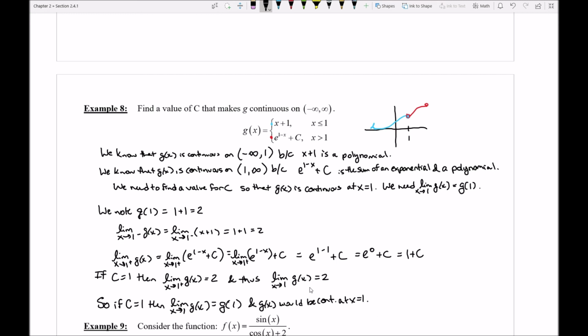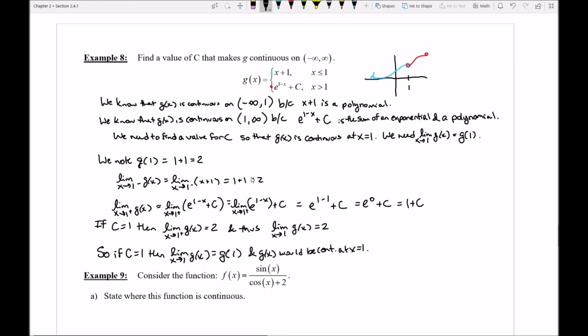But if g of x is continuous at 1, and it's continuous everywhere before 1, and it's continuous everywhere after 1, then clearly I can state that g of x is continuous on negative infinity to infinity. That is a rather complicated argument.